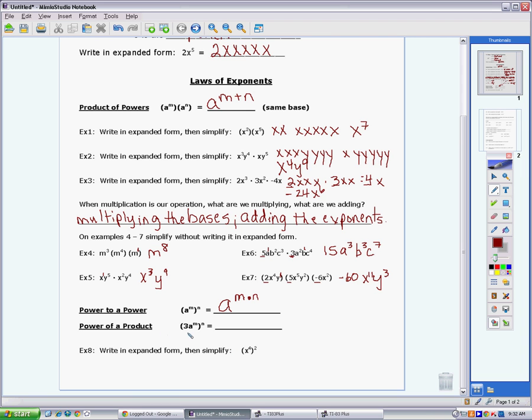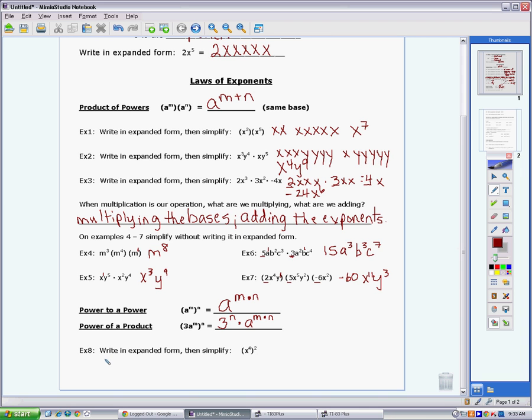When I have the power of a product, and my product is 3 times a to the m, I do have to apply the power to the coefficient, so that's going to be 3 to the nth power, and then I'm going to apply the power to the base, so that's going to be a to the m times n. So again, we're going to be multiplying the exponents together.